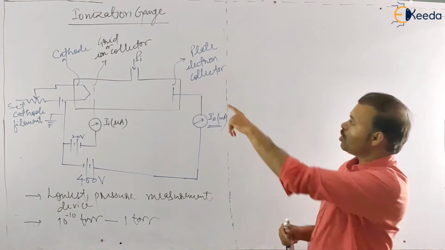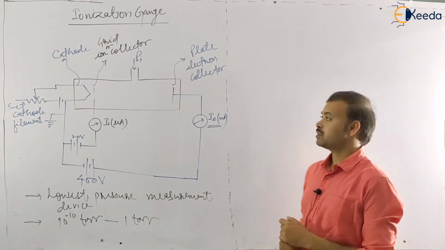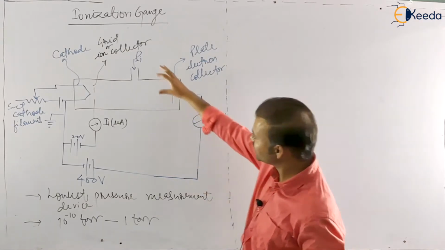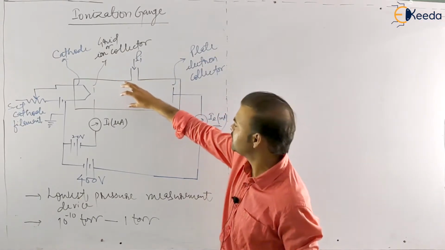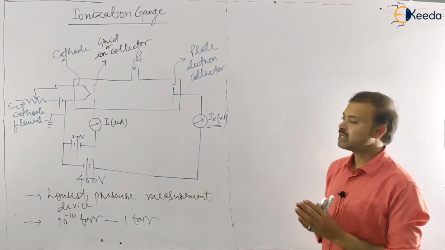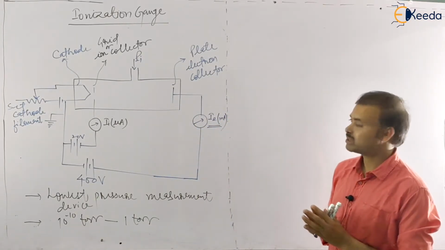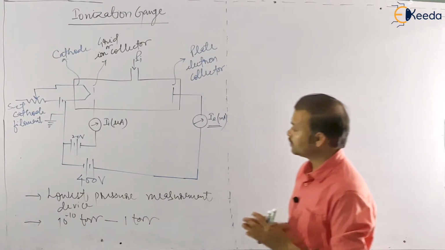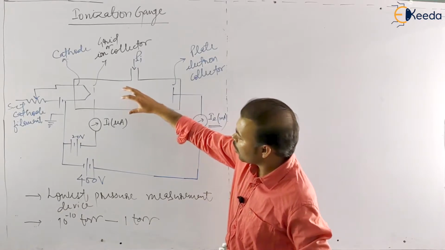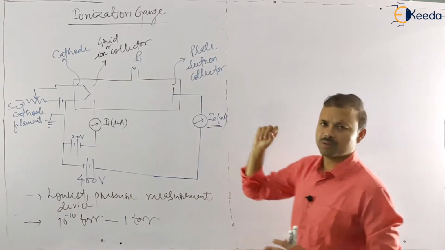But if you want to measure small pressure, or vacuum pressure, it means there is a very small number of molecules present in this chamber. See, there are already a large number of electrons, right?